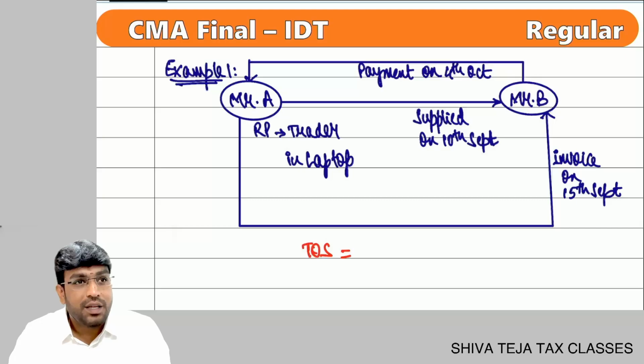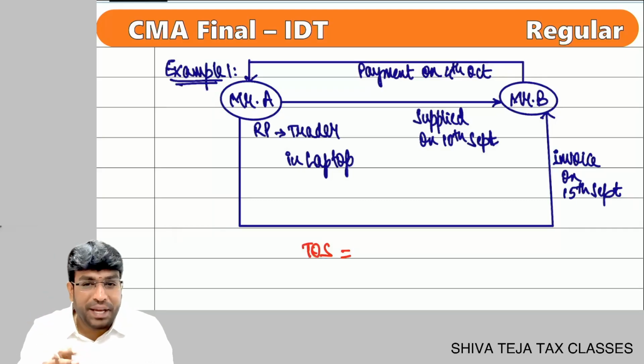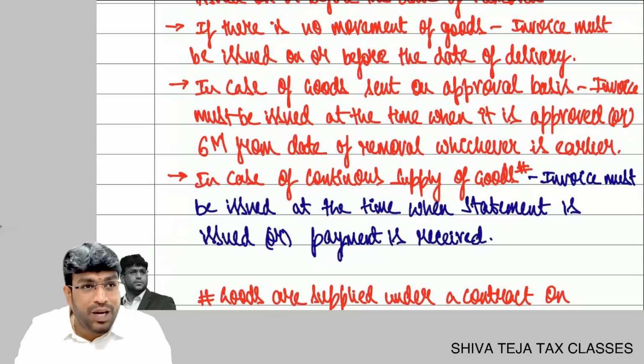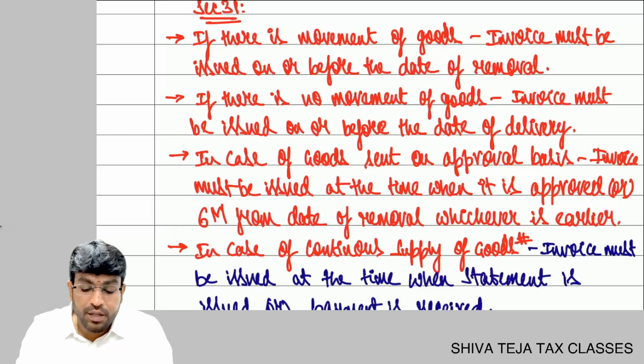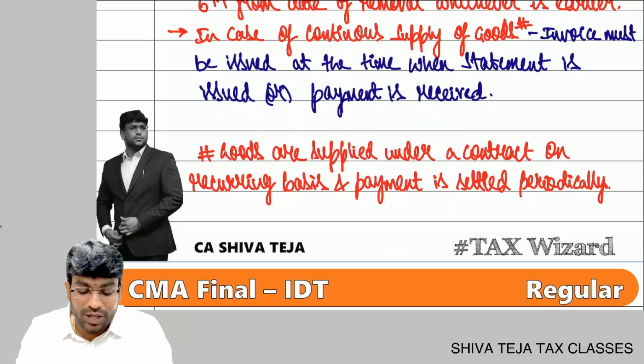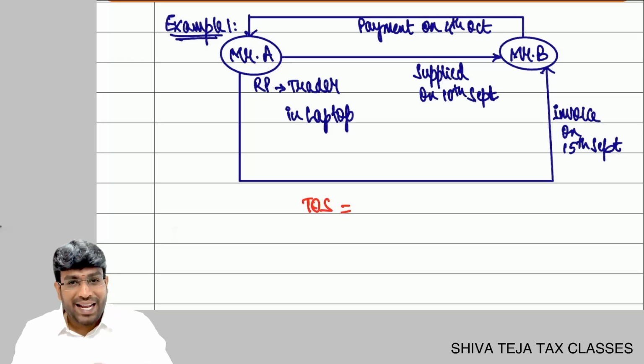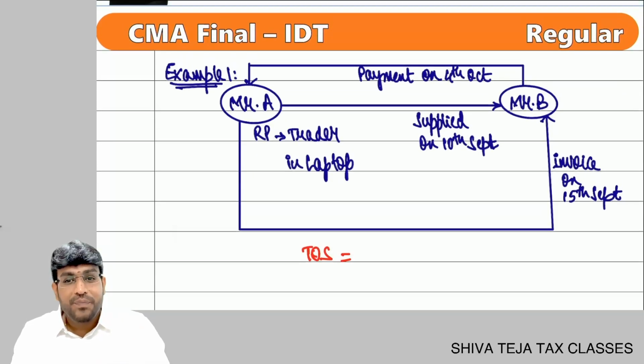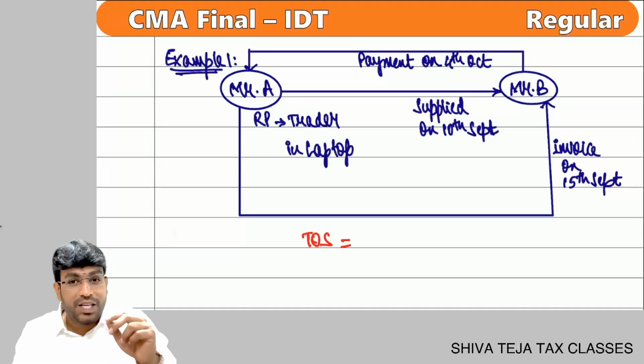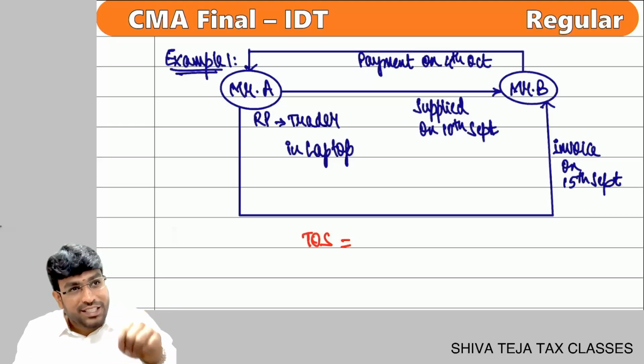When I say laptop, is there a movement of goods? Yes. If there is a movement of goods, the invoice must be issued when? On or before the date of removal. When is the removal? 10th September. So the actual date of invoice is 15th September, but the invoice ought to have been issued on 10th September.